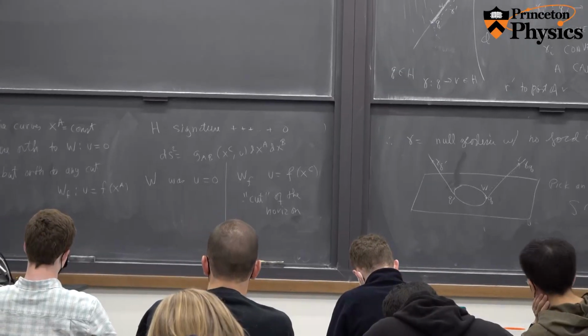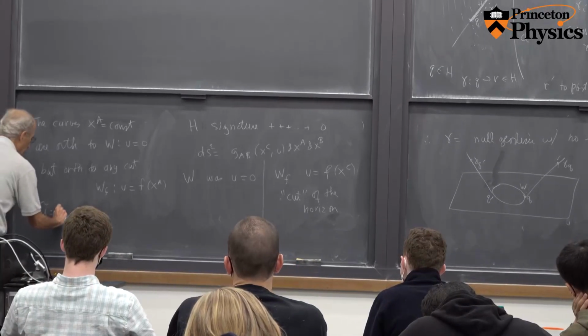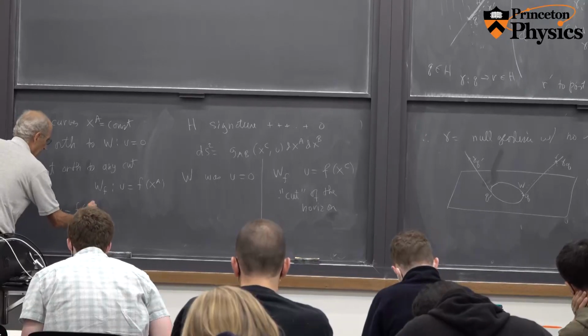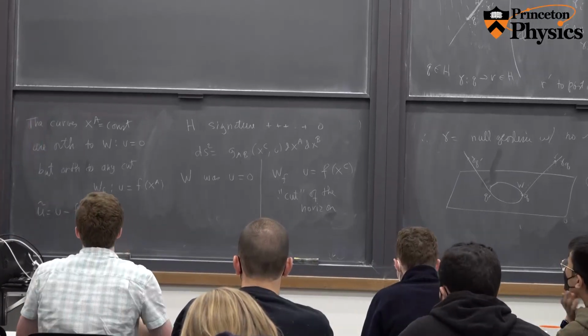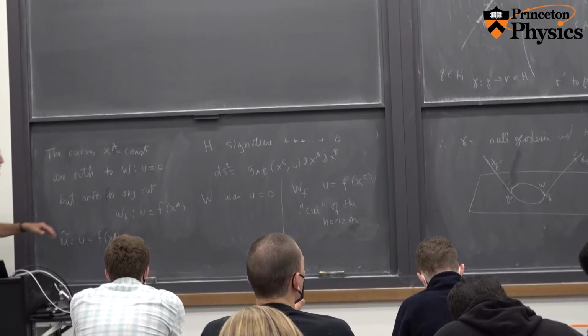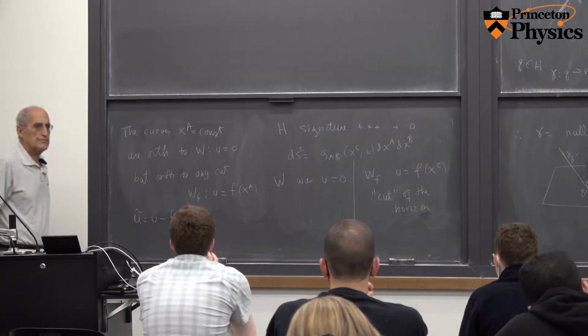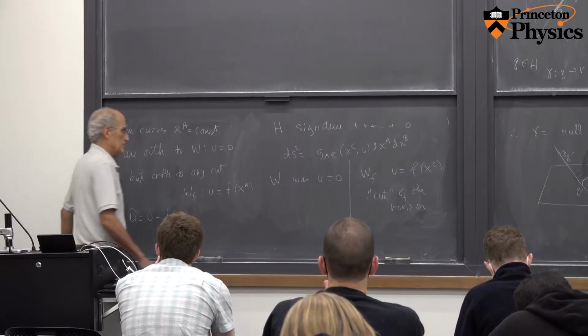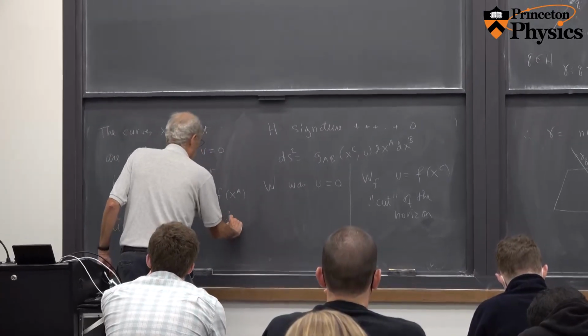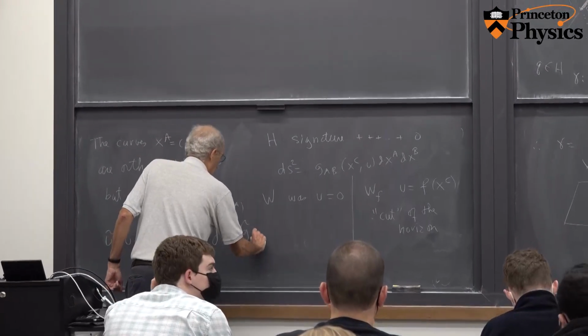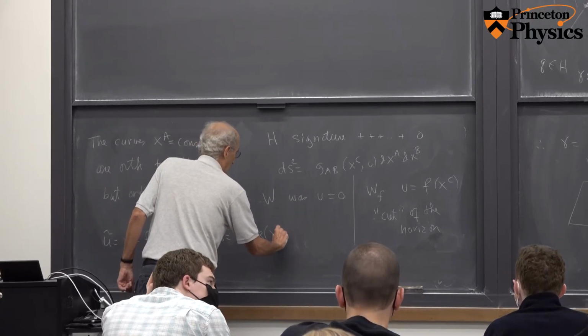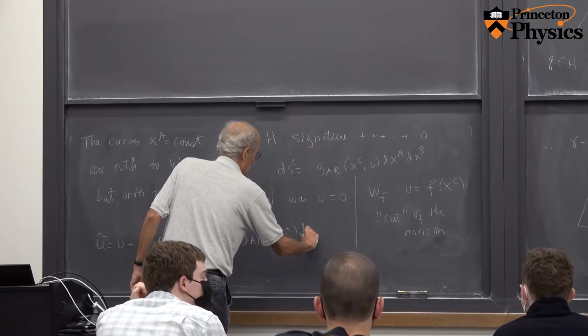In fact, we could change variables to U tilde, which is U minus F of the x's. And this metric would remain in the same form with a different function g. The metric would just now be g tilde_AB of x and U tilde times dx dx.